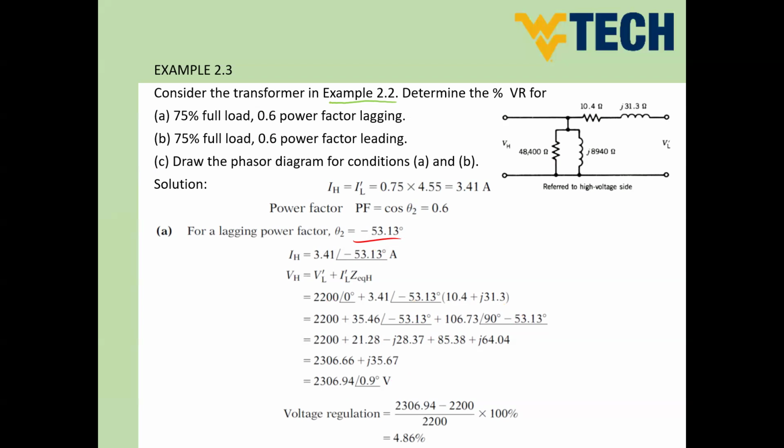Now let's see part B, using the same magnitude of full load current, but the power factor is leading. Power factor is leading in this calculation, guys. The only difference would be the angle here. It's not going to be minus anymore. This is leading.